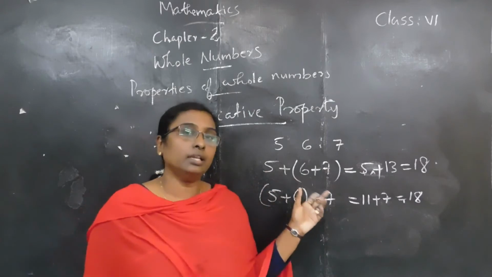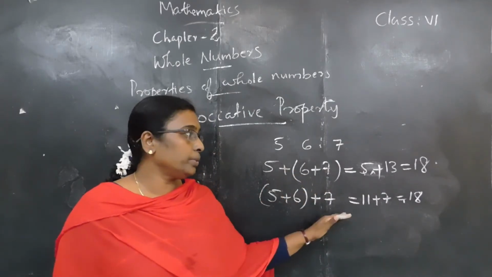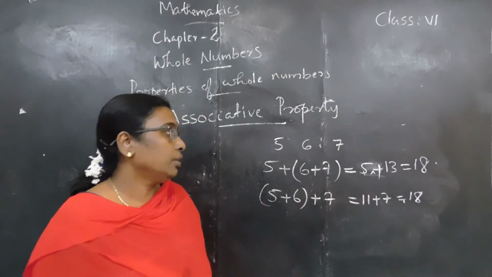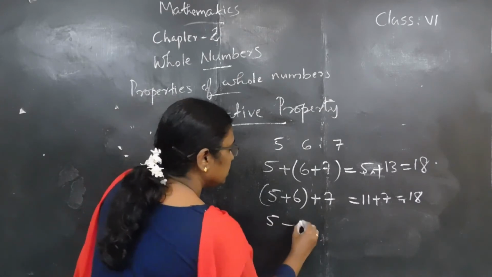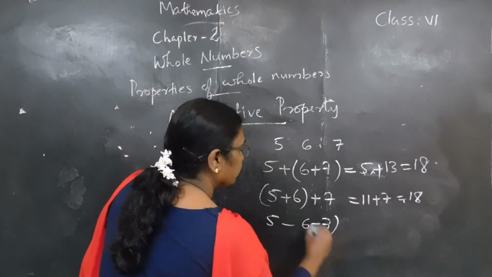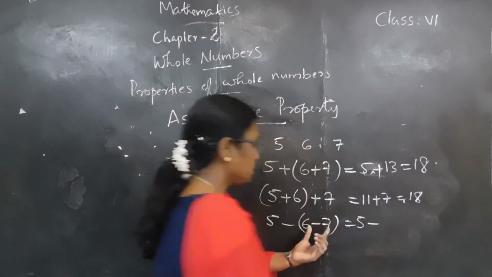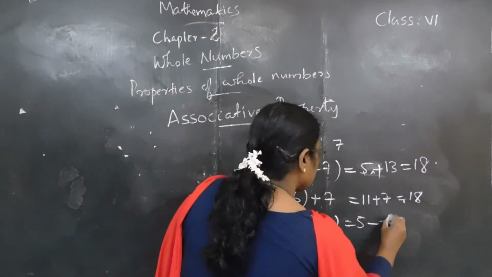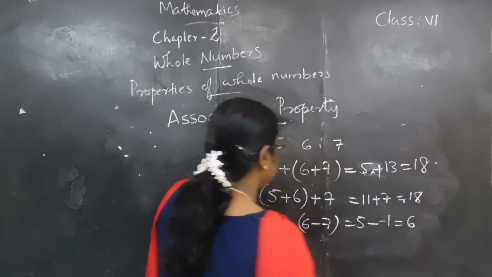So we can say that for addition, three whole numbers can be grouped in any order. For subtraction, 5 minus 6 minus 7: if we group 6 minus 7 first, that is minus 1, so 5 plus 1 equals 6.